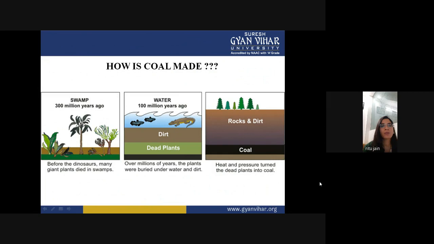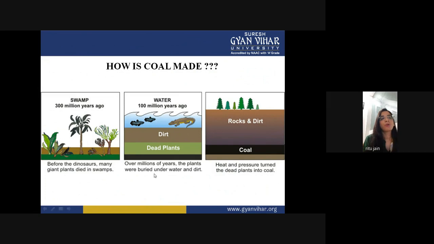You can see that this is a plant, they die, and these are the dead plants. When the dead plants get into the earth, a dirt layer will start to form on the dead plants.